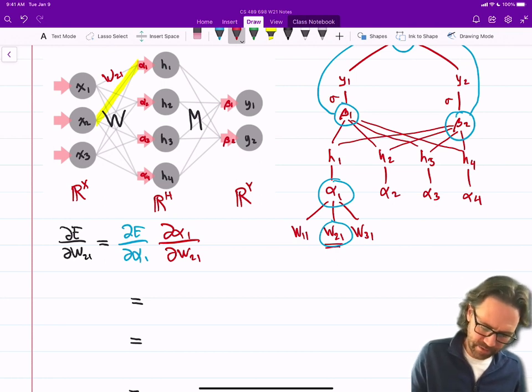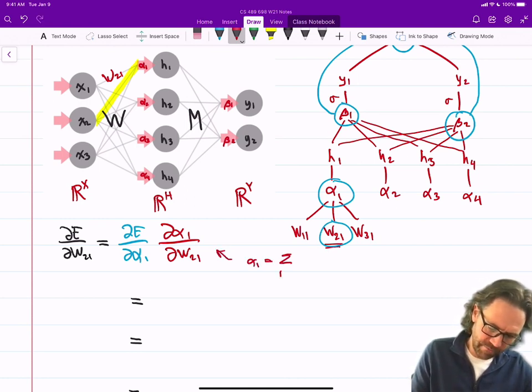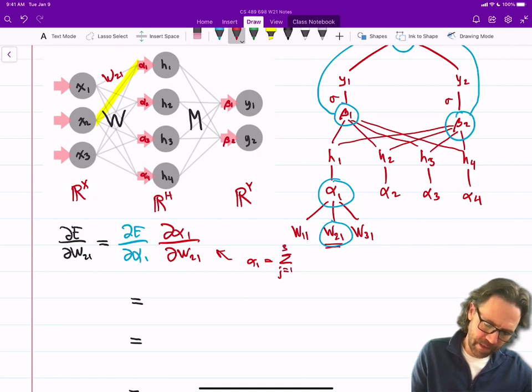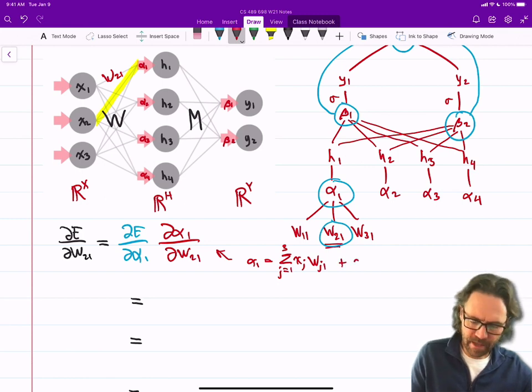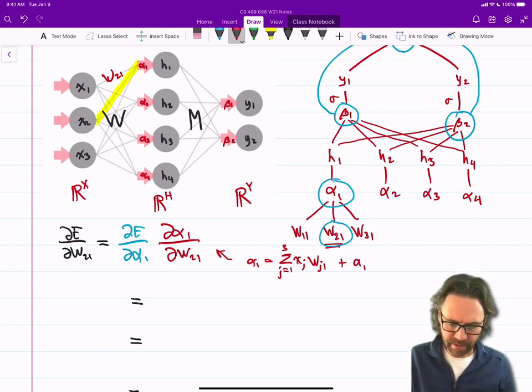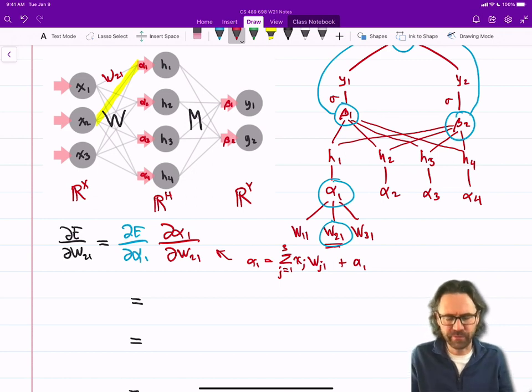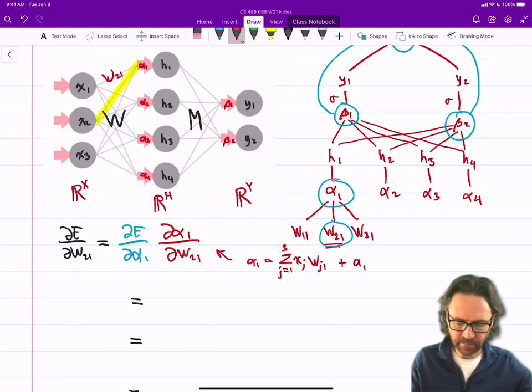Now recall, let's work on this part here. Alpha 1 is the sum for j equals 1 to 3 of xj wj1 plus a1. A1 I didn't really define, but it's just the bias for the first hidden node.